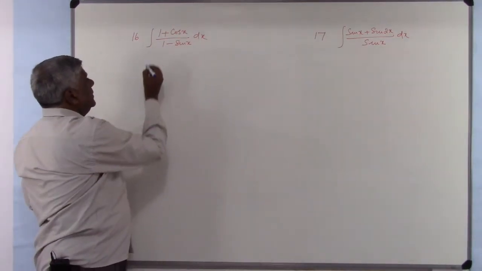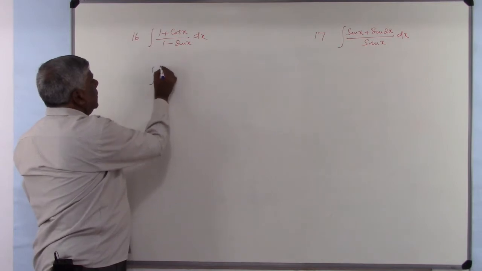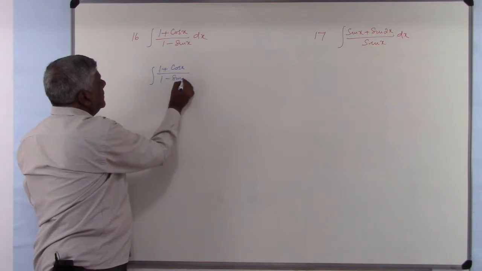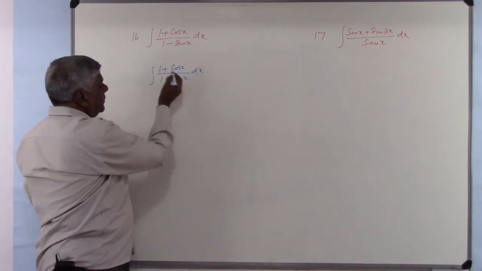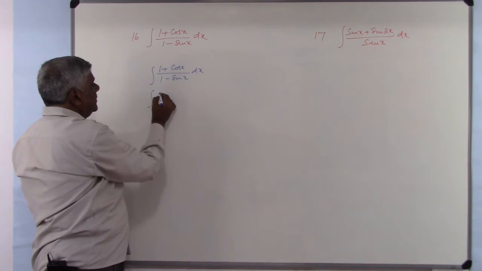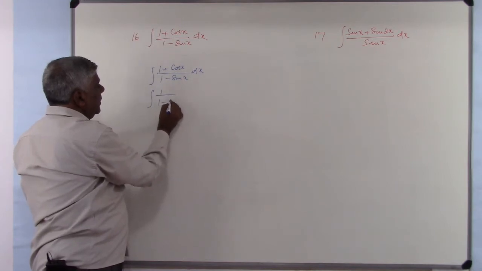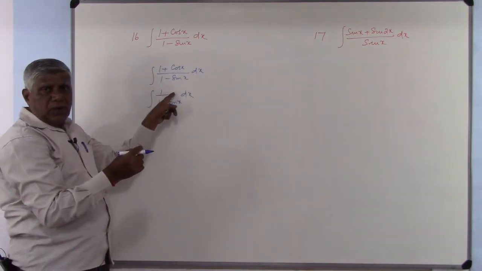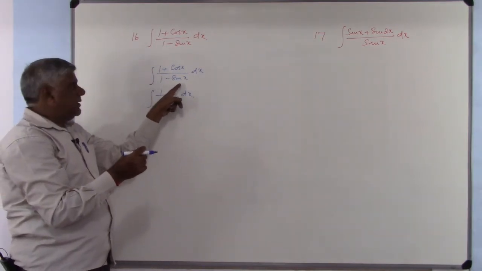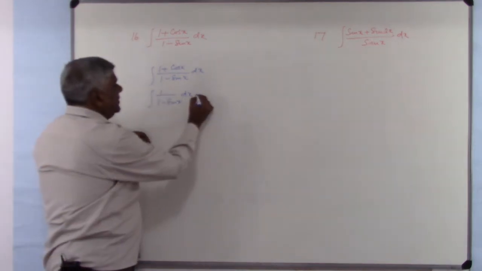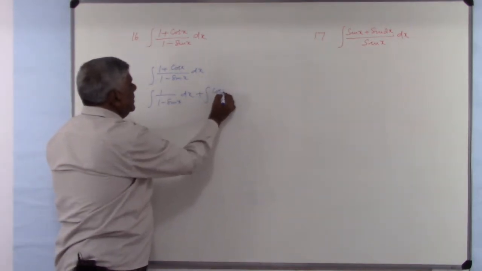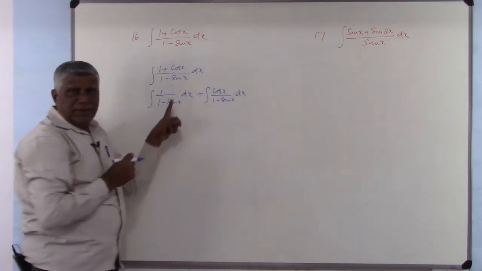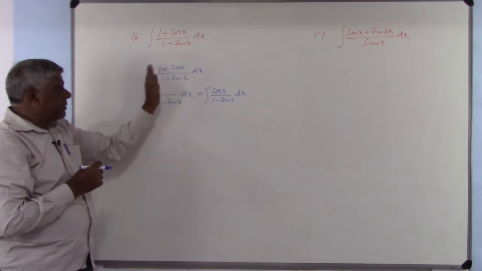Now we will see this problem. 1 plus cos x by 1 minus sin x dx. Now in the first instance itself we will split like this: integral 1 over 1 minus sin x dx plus integral cos x by 1 minus sin x dx. Have you understood here? We have split this problem.